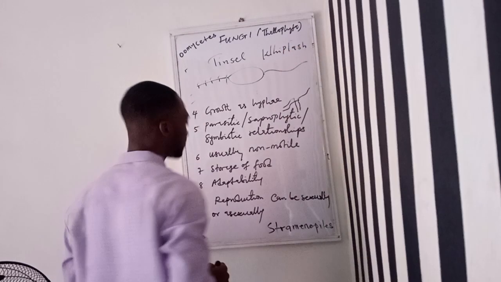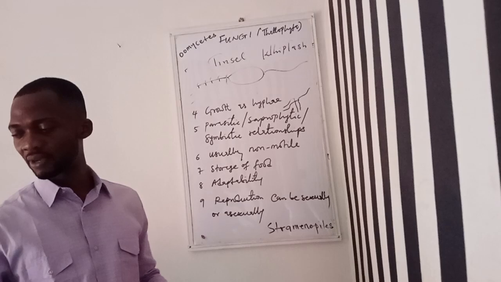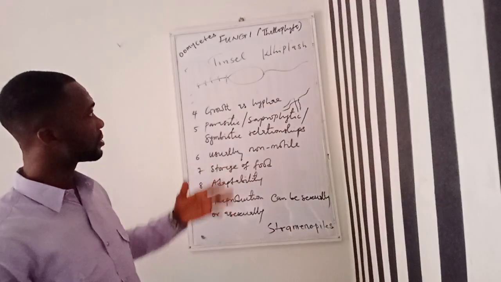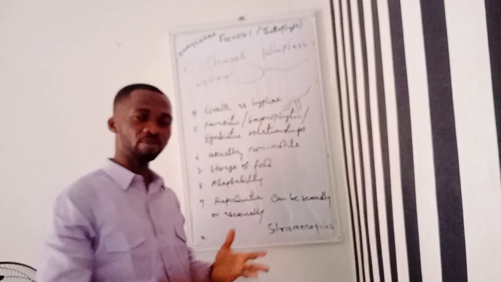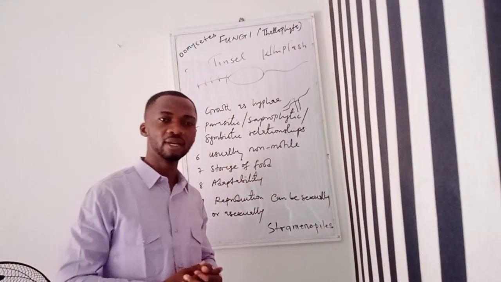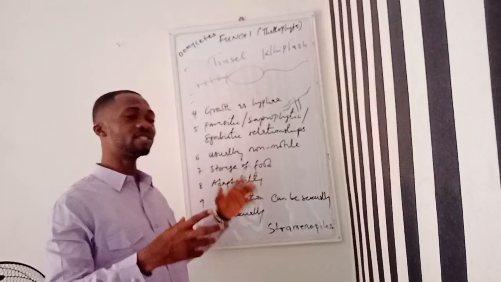The tinsel and the whiplash flagella are the two types of flagella you can see in fungi. So I was trying to say that members of the chytrids, like Chytridiomycetes and Hyphochytridiomycetes, also contain motile cells, while fungi are generally said to be non-motile.